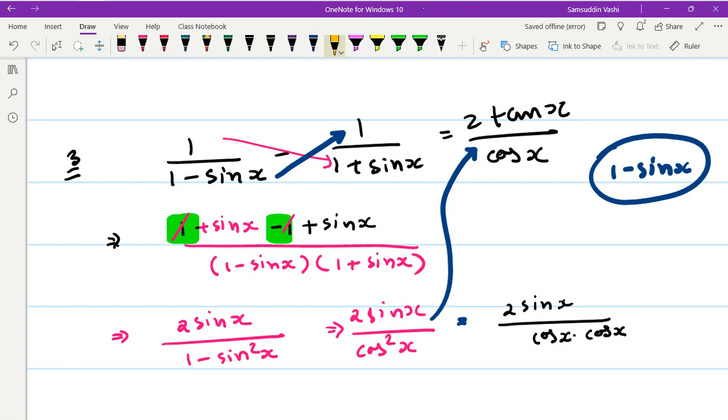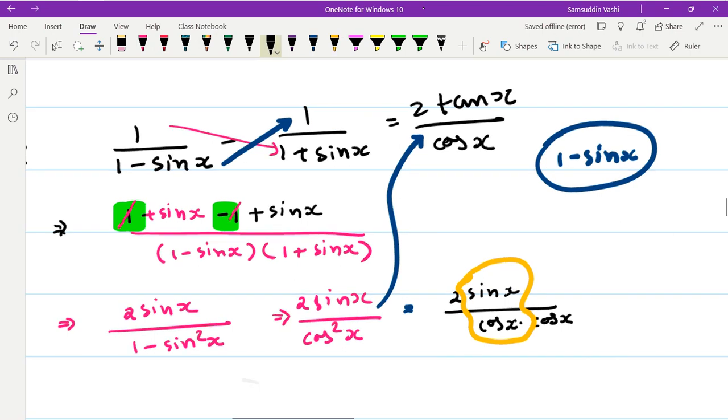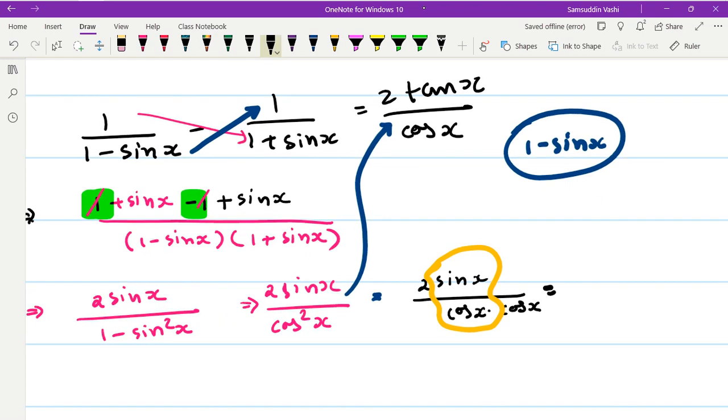So this part is what? Tan x. 2 is as it is, cos x is as it is. And that's my answer. That's 2. Sin x over cos x is tan x. Okay, I'm left with 1 cosine x down, and that's what I need.